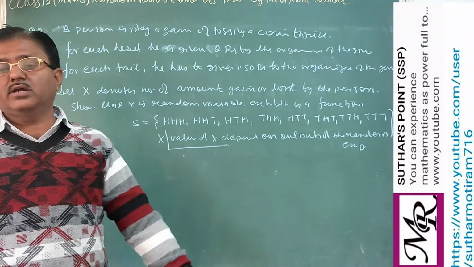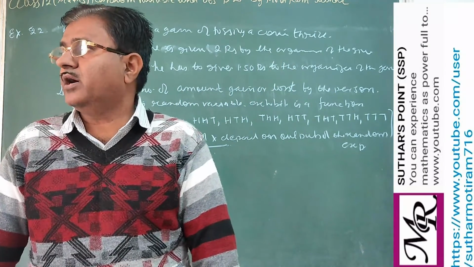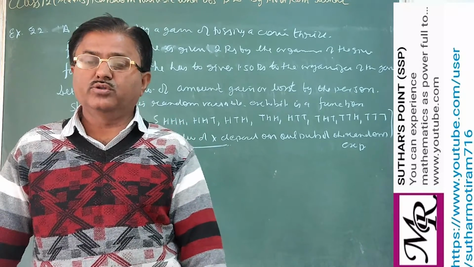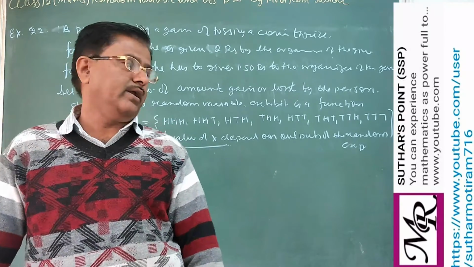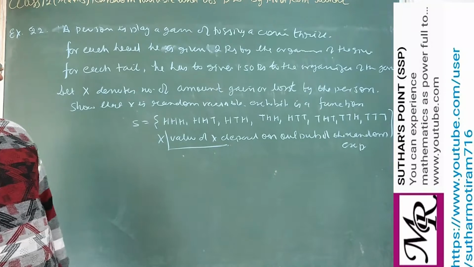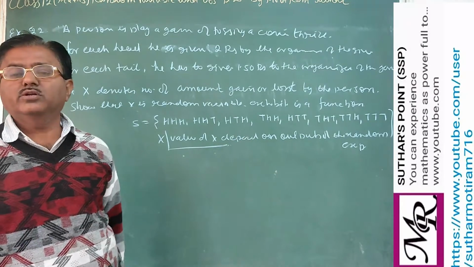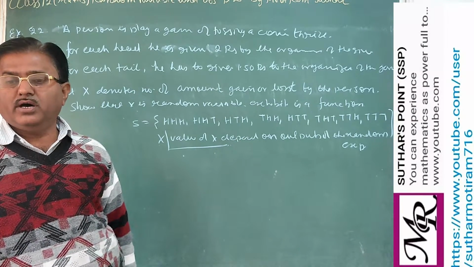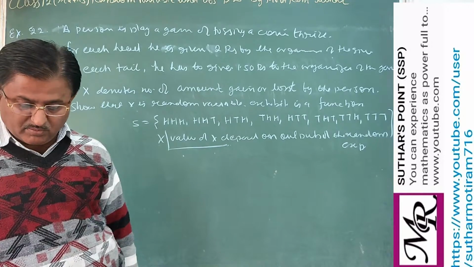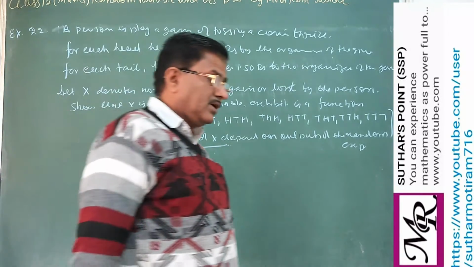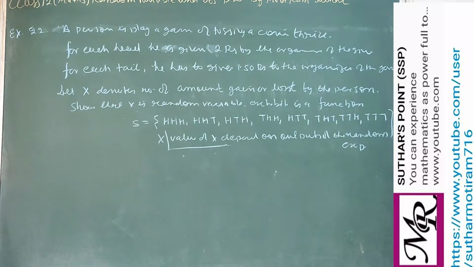The amount he gains or loses depends on the experiment's output. That's why X is a random variable. Clear? Now we have to find the amount in each case.